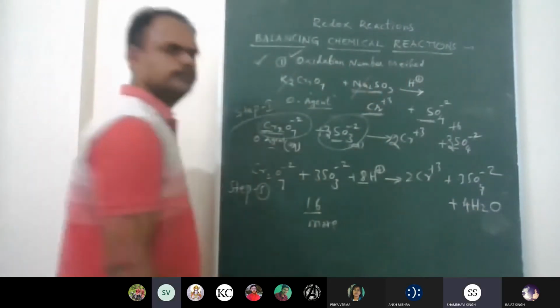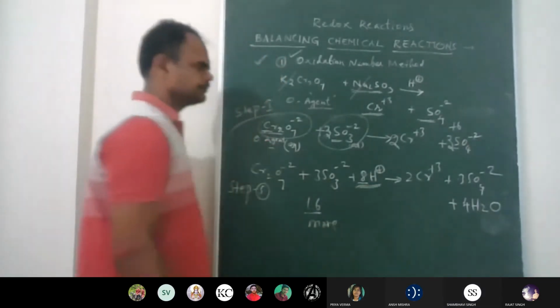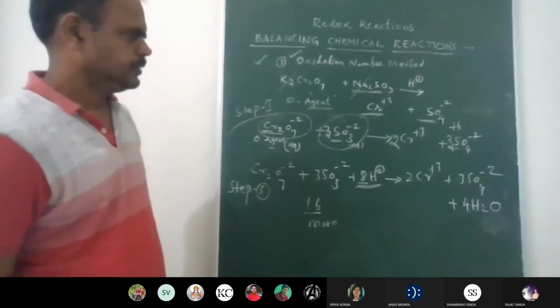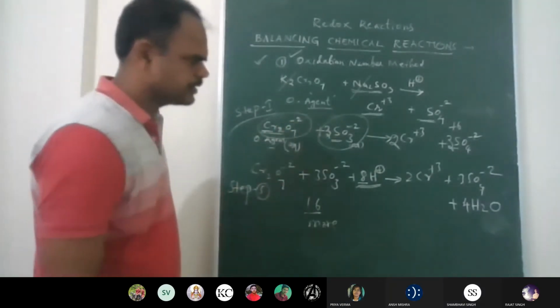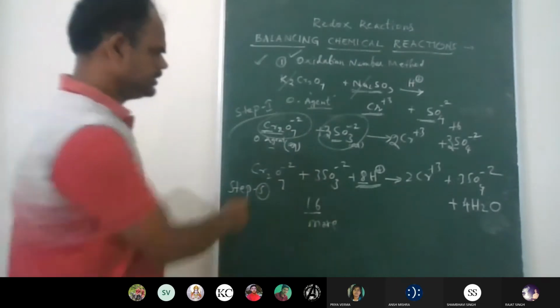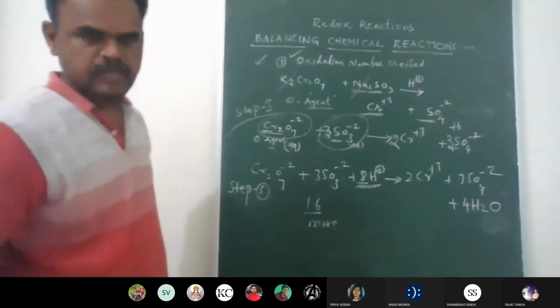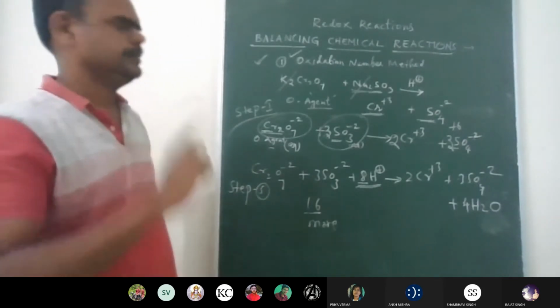How many hydrogen atoms? 4 into 2, 8, no? This side. So hydrogen atoms are balanced. Water molecule, oxygen atoms also balanced. So this is the net ionic equation with complete balanced.